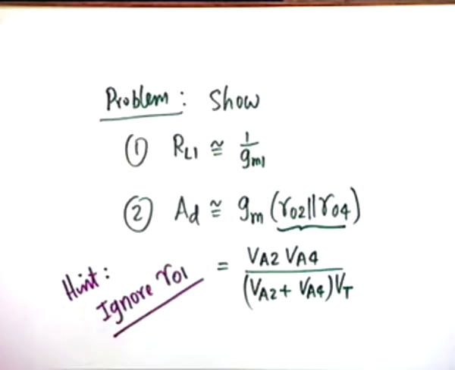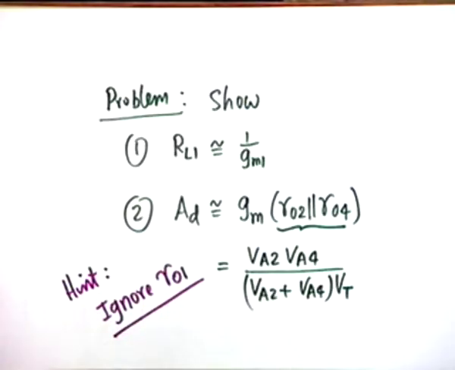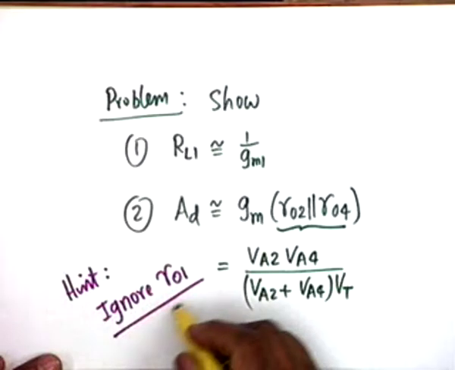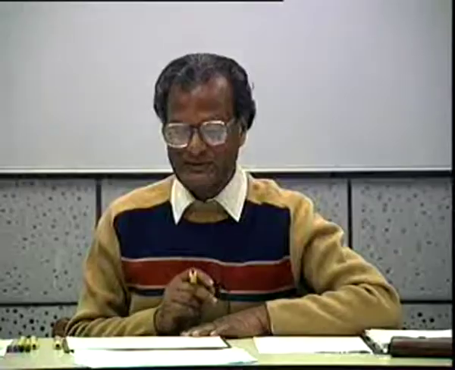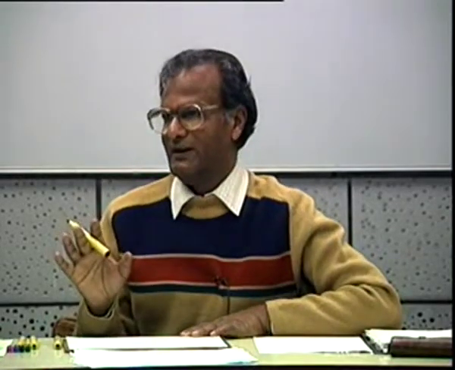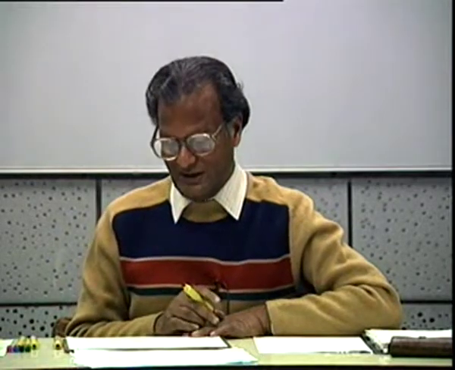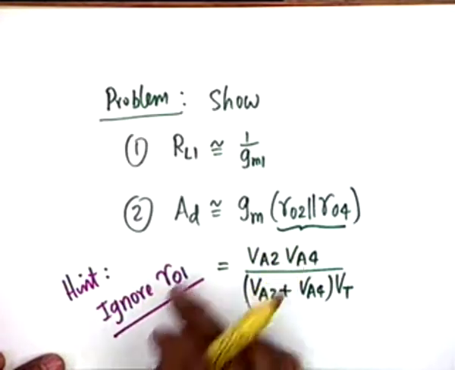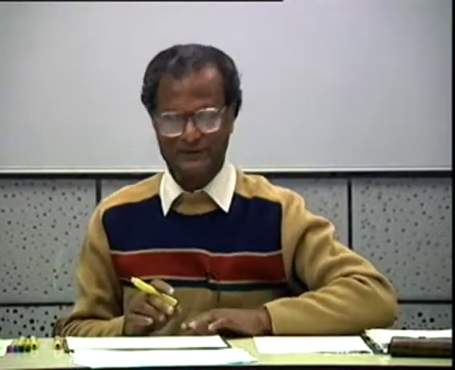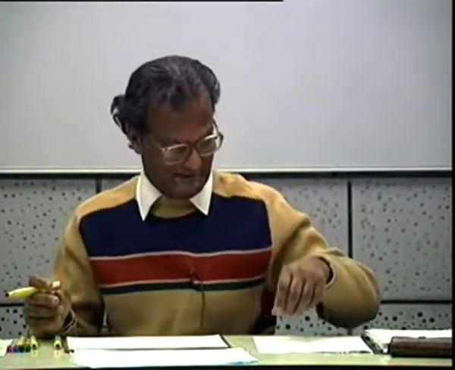If you do that, the equivalent circuit will be simple and you will be able to find both these expressions. The end in many cases justifies the means. This ignoring of R01 ultimately will be justified by seeing that the effective load that Q1 sees is not R01 but 1 by GM1, which is a small quantity compared to R01, and therefore ignoring R01 is justified. Okay, take this problem seriously and try to work it out.